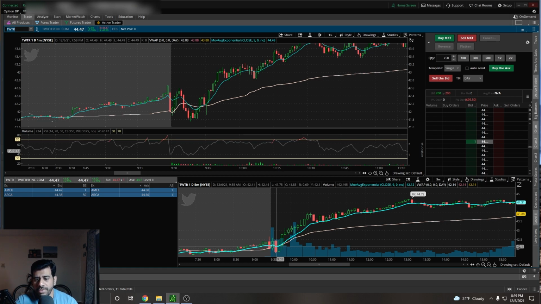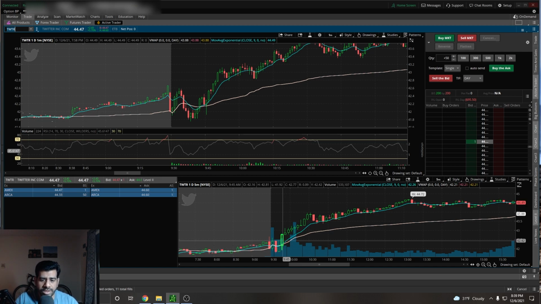What I could have done differently is wait for confirmation. The confirmation trick is that if you can see two candles above the 9 EMA or below the 9 EMA, that is a confirmation sign whether you can go bullish or bearish.